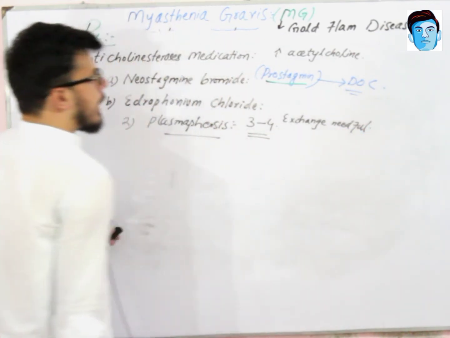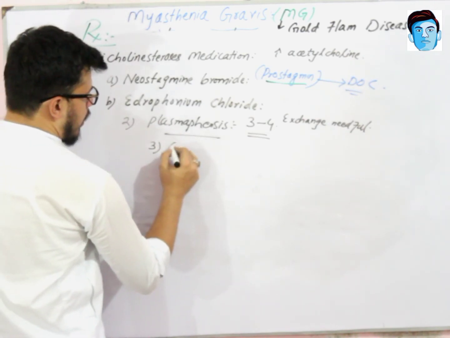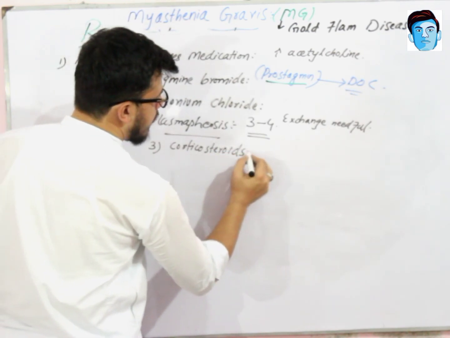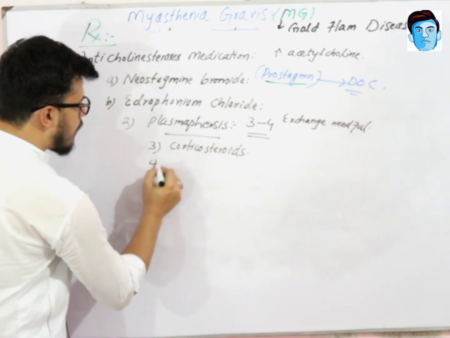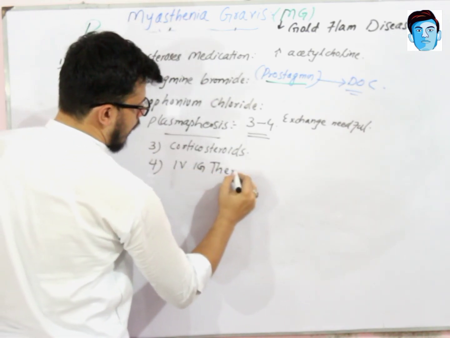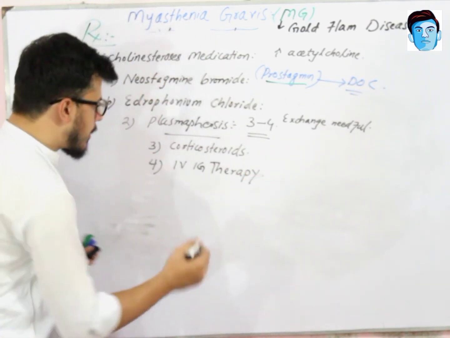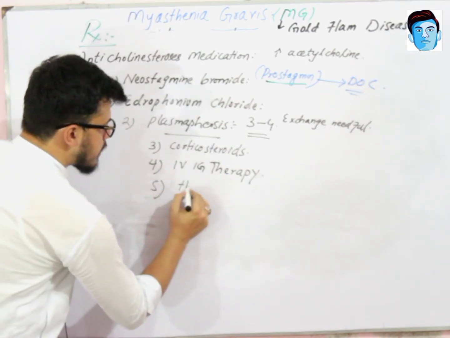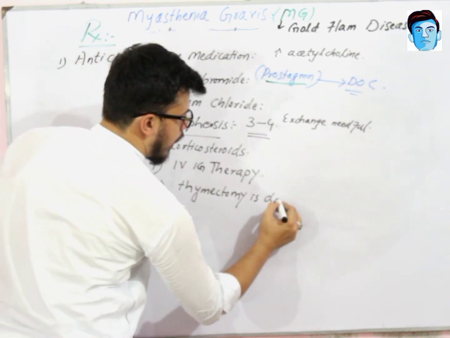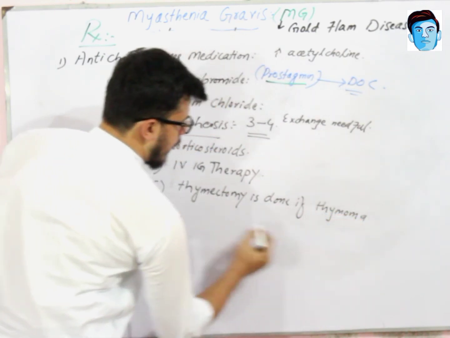Also, if the condition is severe, we can give corticosteroids. Corticosteroids are given only if the condition is severe. Also, there is intravenous immunoglobulin therapy for boosting the immunity. And if thymoma is suspected, we can go for surgery. Thymectomy is done if thymoma is suspected.